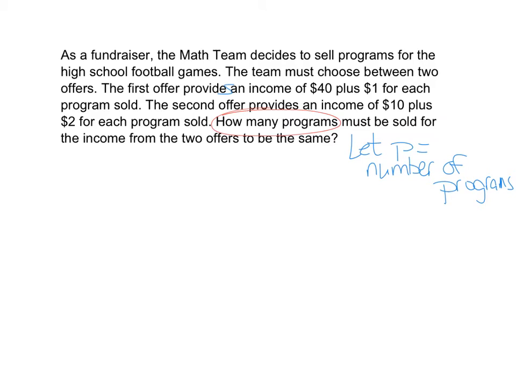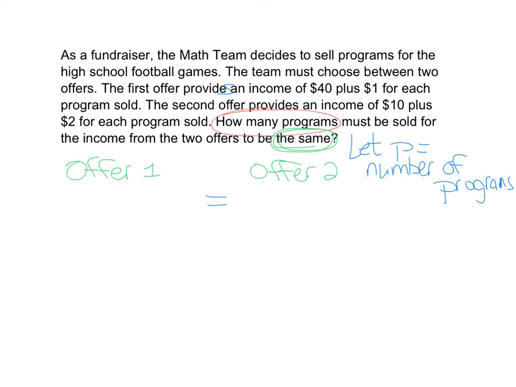We want to know how many programs must be sold for the income from the 2 offers to be the same. Your clue word here is the same. What does the same mean? The same means equals. We want to know, when does offer 1 equal offer 2? When are the offers from company 1 and company 2 the same?